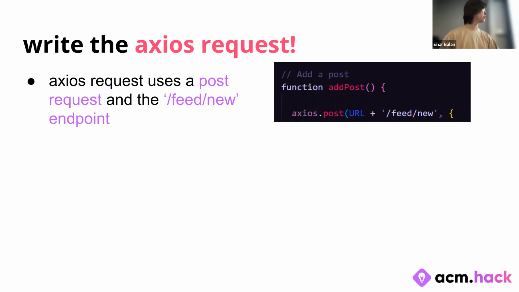It really doesn't matter, at least in this case. So we make our add post function, Axios.post. We're making a post request, and we're going to type the endpoint to our API. So that is just our URL. We made that variable before, plus /feed/new.